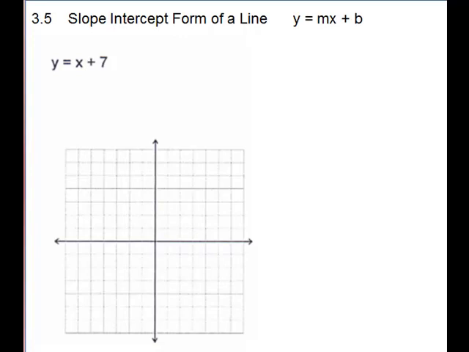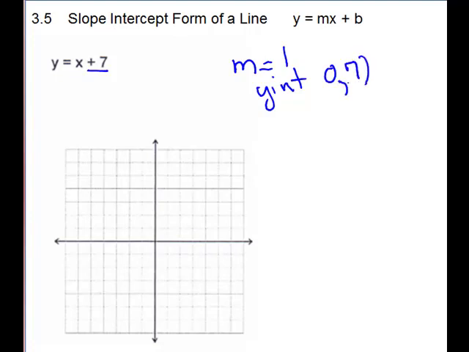This is in slope-intercept form. Your y is isolated. You want the coefficient of the x. If you don't see anything in front, remember it's a 1. So our slope is 1. The y-intercept will be this number, and its x-coordinate is 0.